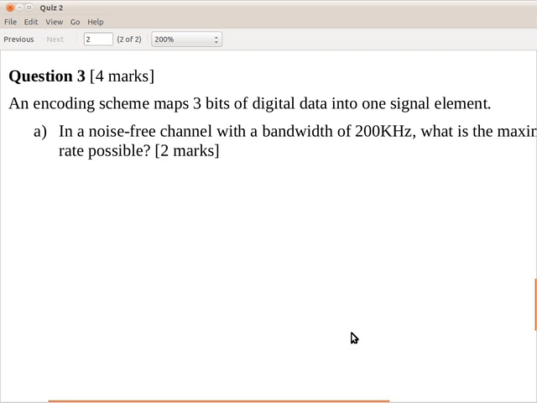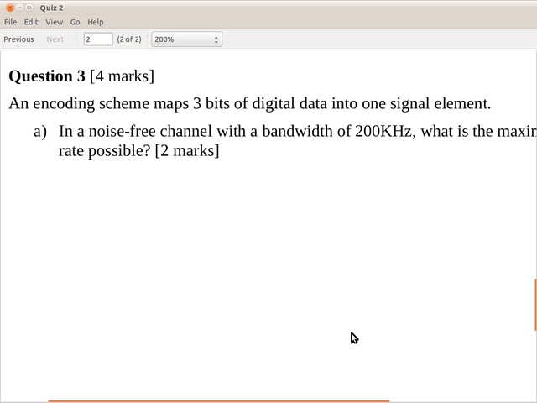And our equation becomes 2 times 200 kilohertz. Kilo, 10 to the power of 3. Log of 8 gives us 3.